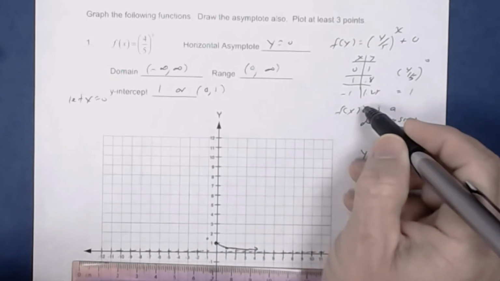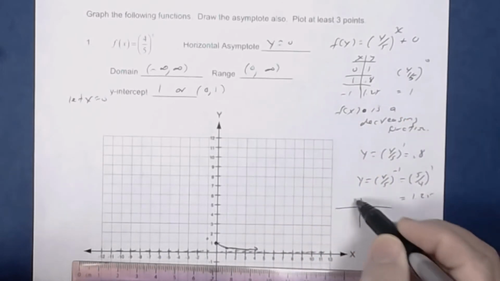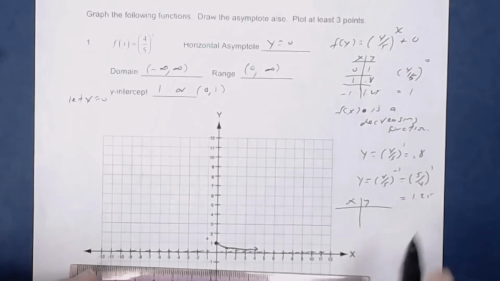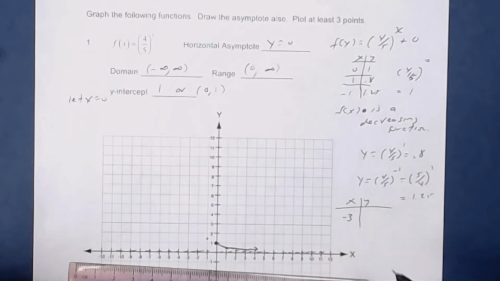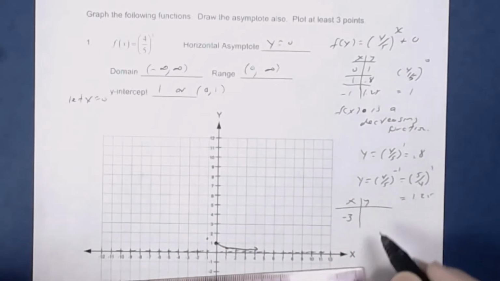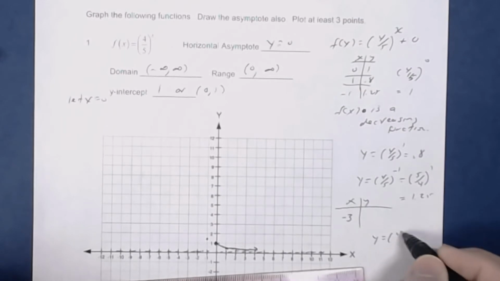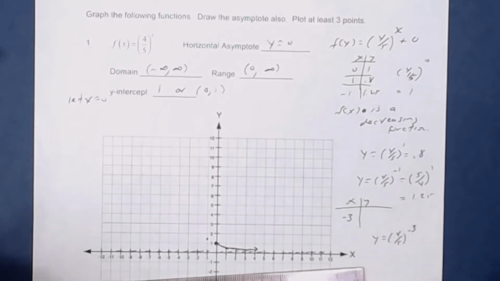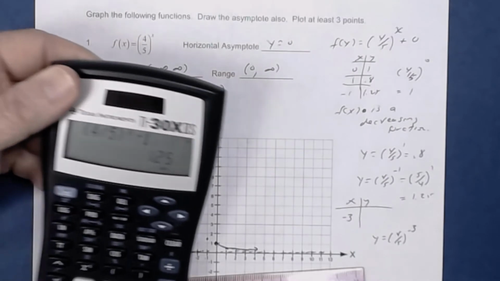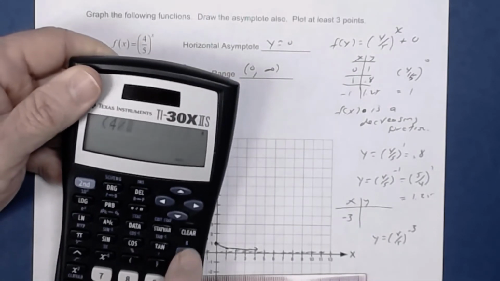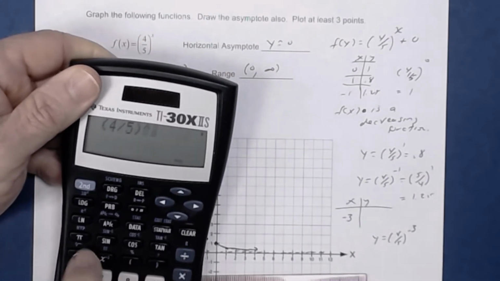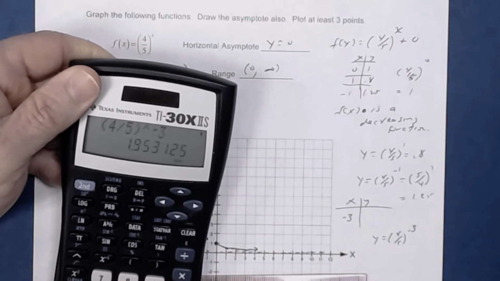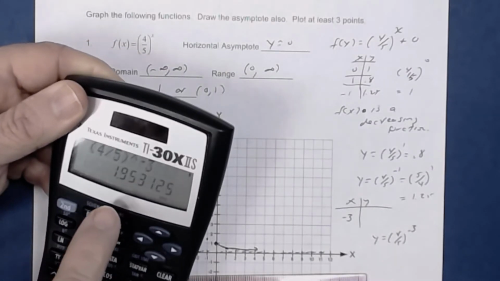And then let's say x is -3. Let's see what happens. If x is -3, I get y equals 4/5 to the -3rd power. Use your calculator: 4 divided by 5 raised to the -3rd, equal.